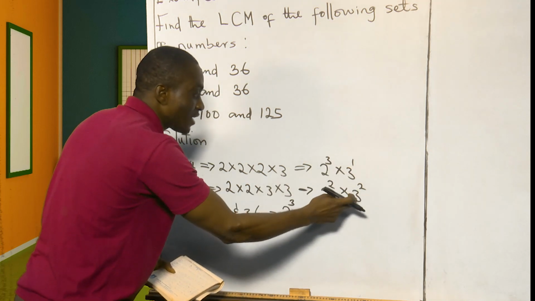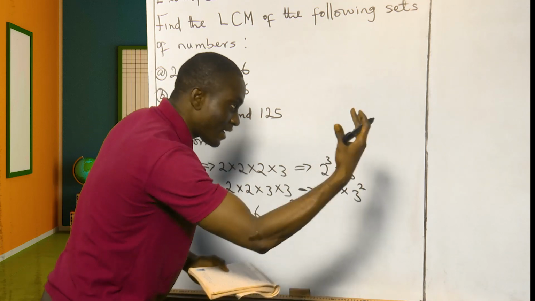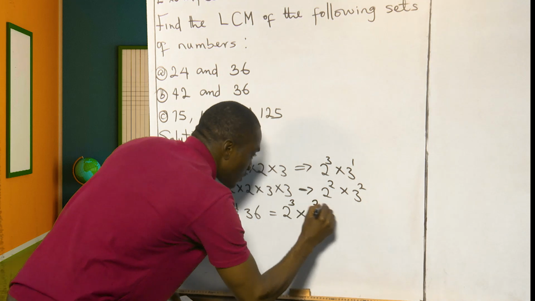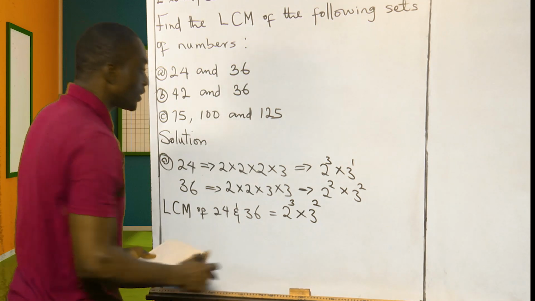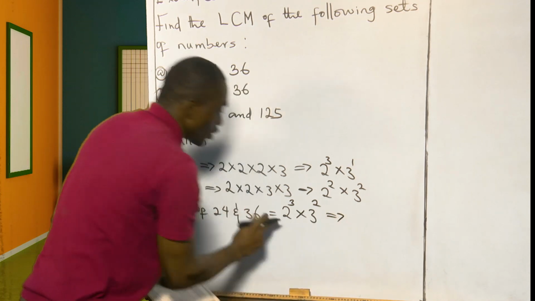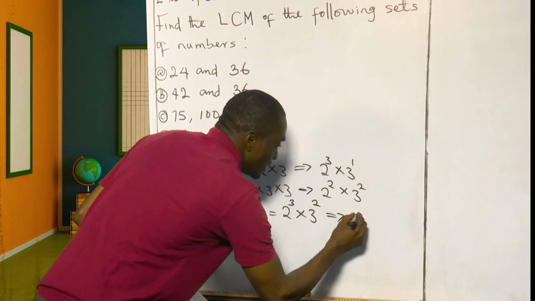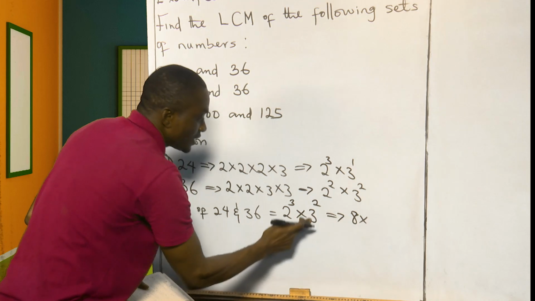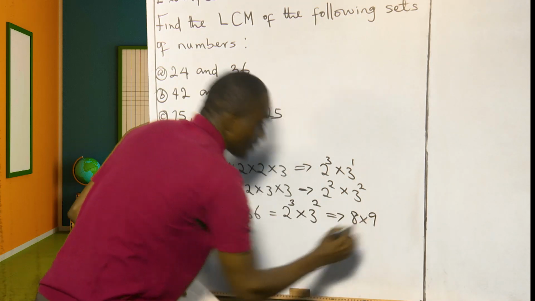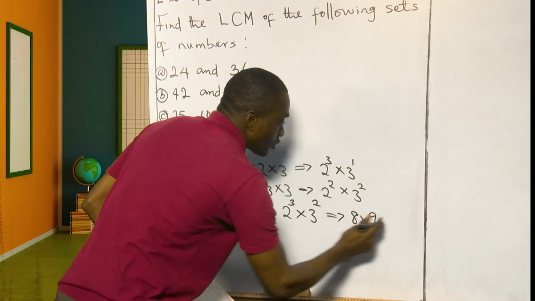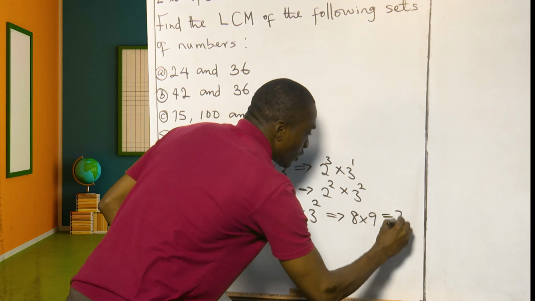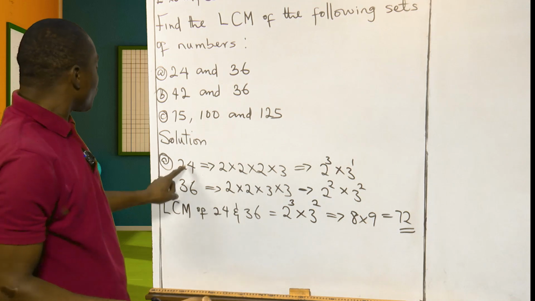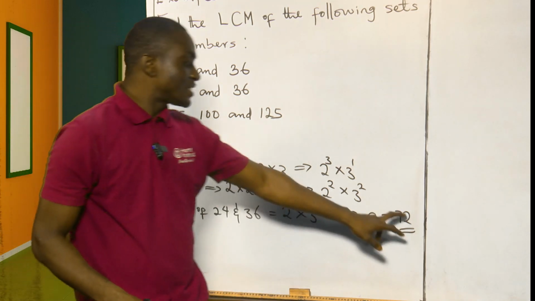We write down the one of the higher power, which is 3 raised power 2. 2 raised power 3 is 8, multiplied by 3 raised power 2, which is 9. The product of these two numbers gives 72. So the LCM of 24 and 36 is 72.